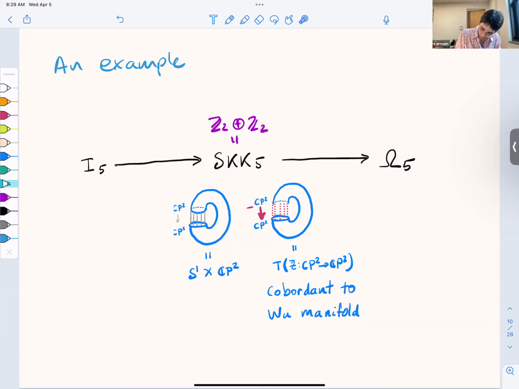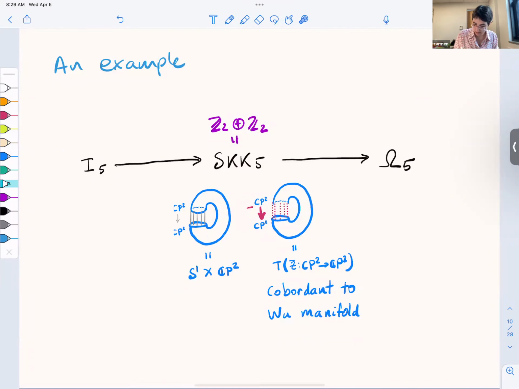We are looking at two mapping tori. They're both mapping tori of CP2. CP2 is a 4-dimensional manifold. So I'm taking CP2 cross an interval, and also on the right-hand side, CP2 cross an interval.